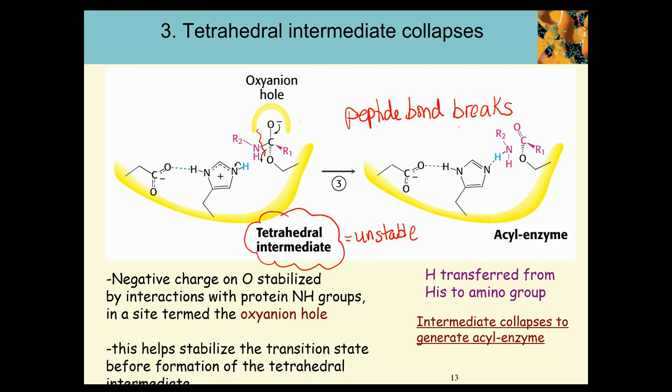And the hydrogen that was on here, notice the one in blue, is now transferred to complete the amino terminus. So now you're going to have NH3 plus amino terminus of that polypeptide.